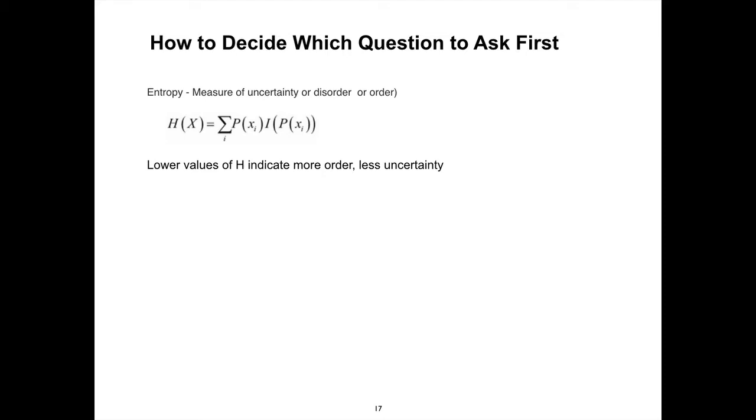And so in information theory, we can define entropy as the sum over all possible events of the probability of it occurring times the information of that event. And that will then give us the entropy of that situation. And the smaller the number, the more orderly it is.